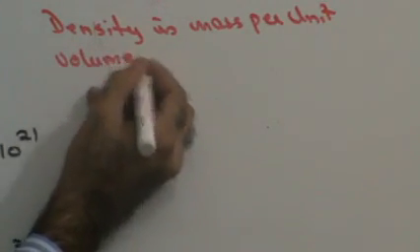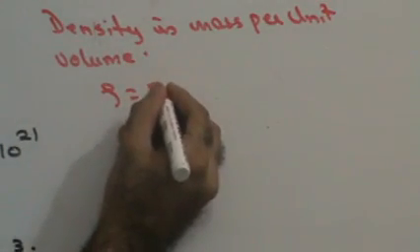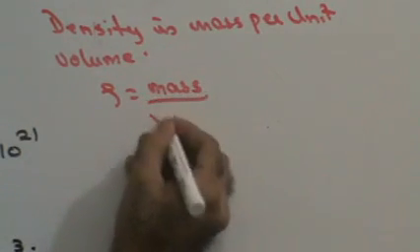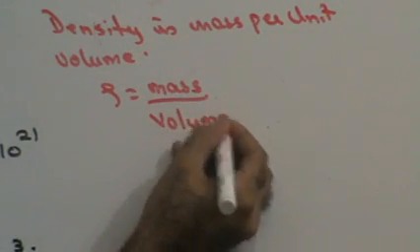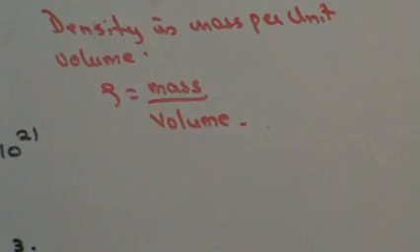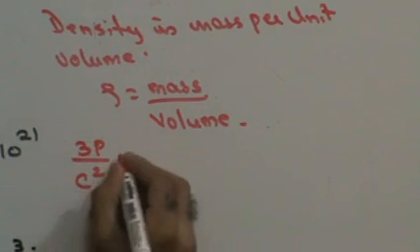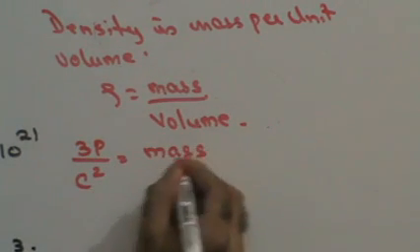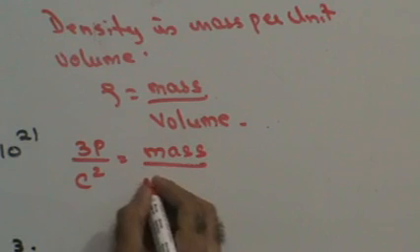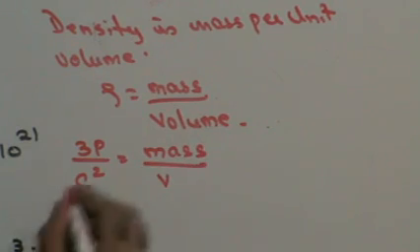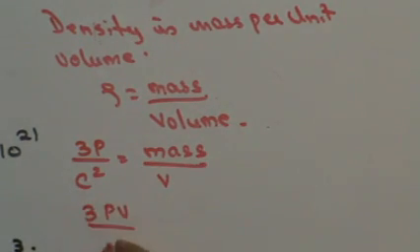Volume is given to you, so I can get the mass. Density you found out is 3p upon c square. Mass we do not know. V is given to you. So 3pV upon c square will give you the mass. That will tell you what will be the mass occupied by 10 centimeter cube of gas. Next, take on the next one please.